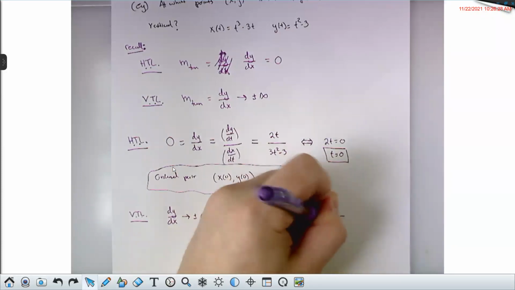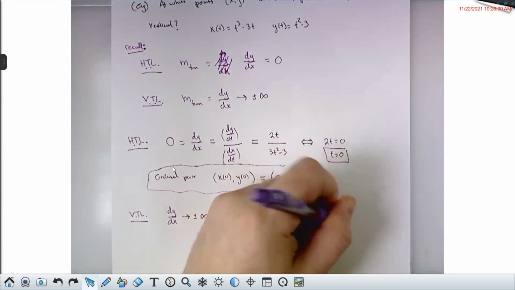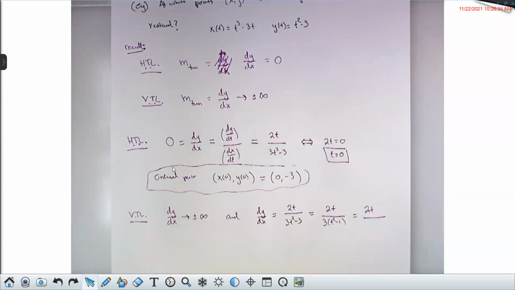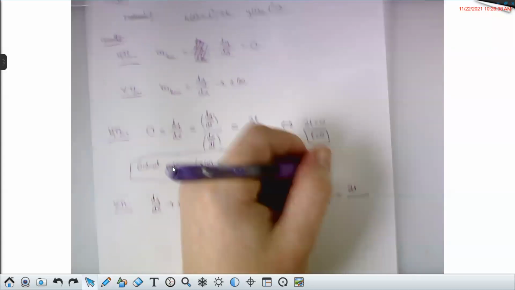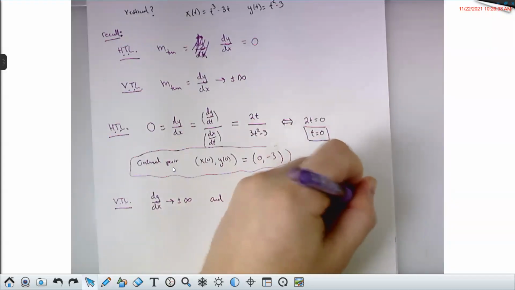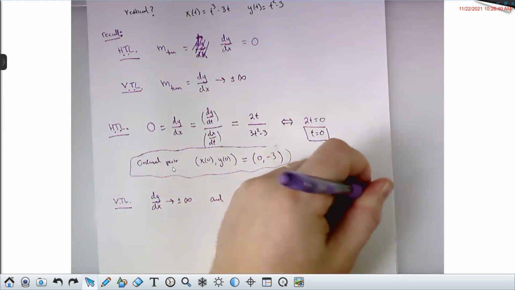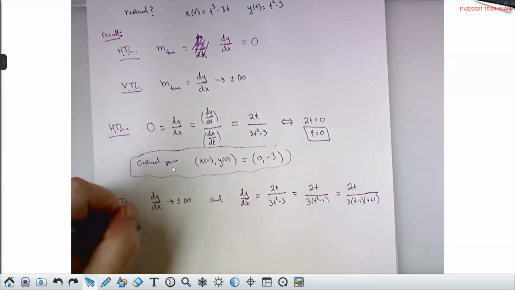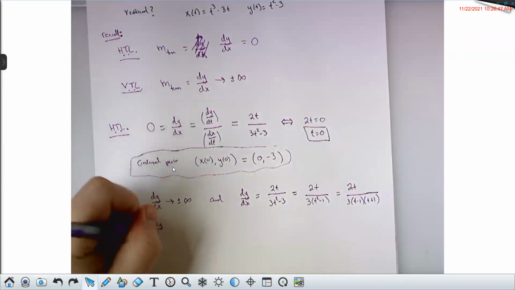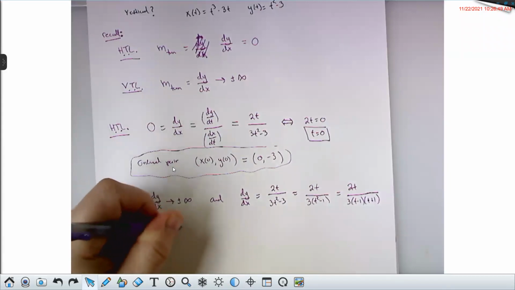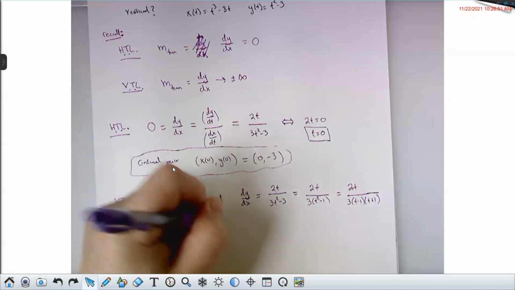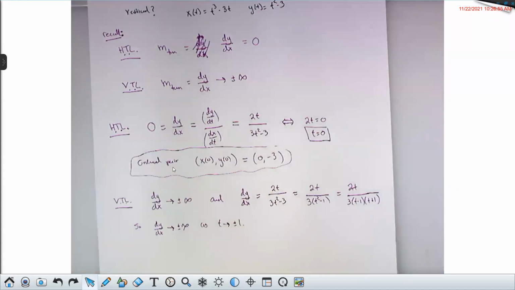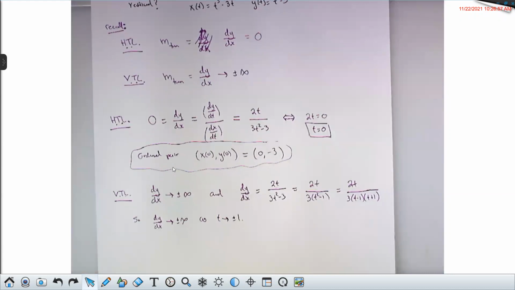If you factor the bottom, that's 3 times t squared minus 1. So this is 2t over 3 times t minus 1 times t plus 1. So dy dx will blow up to plus or minus infinity as t gets closer to plus or minus 1, right, those t values which make the bottom 0.